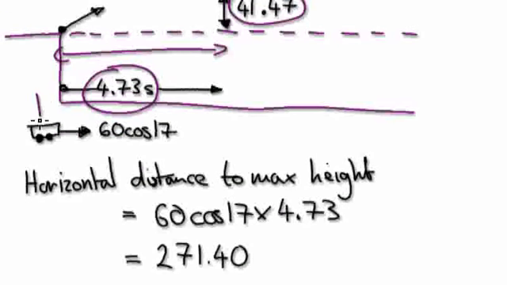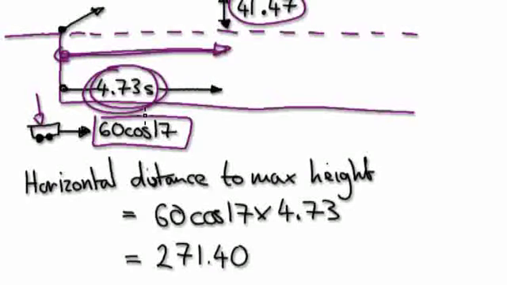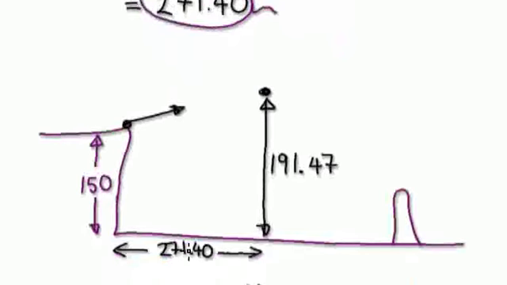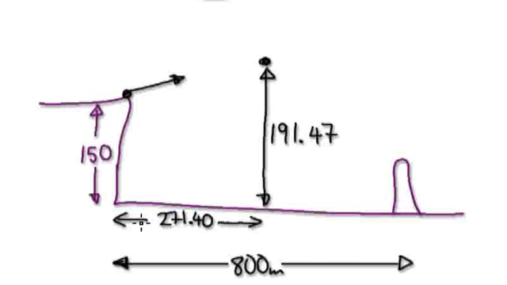Imagine you and your dad sitting in a car, driving at this speed for 4.73 seconds. How far would you have traveled after 4.73 seconds? Then just get the speed times time. That will give you this distance here. So this distance here represents this.